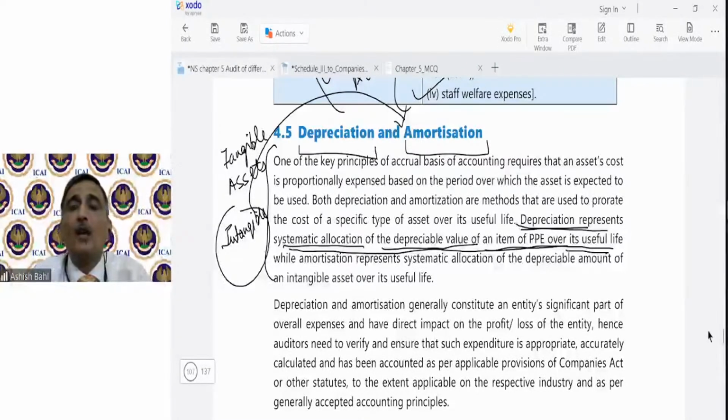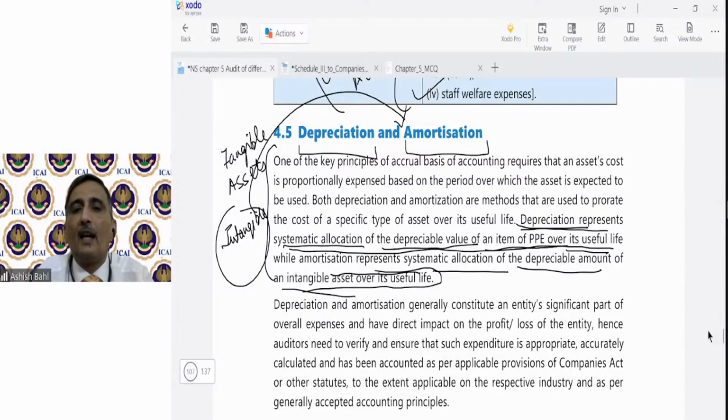Because the value of an item decreases over a period of time, that is why it is important to calculate depreciation and record it in financial statements. Similar is the case with amortization. Amortization represents systematic allocation of the depreciable amount of an intangible asset over its useful life.